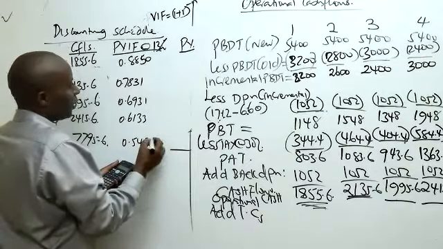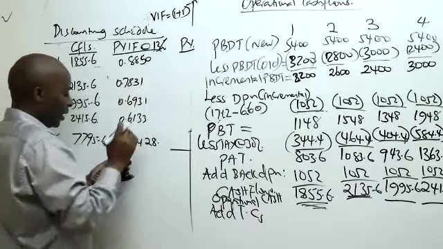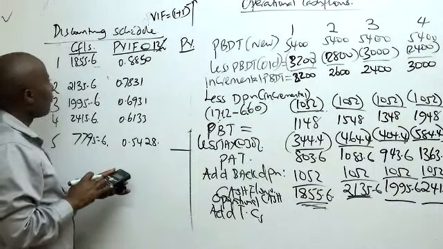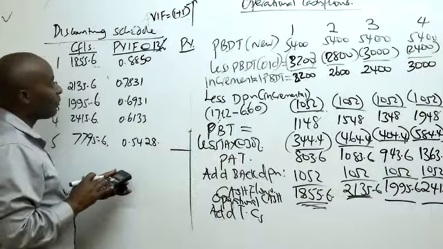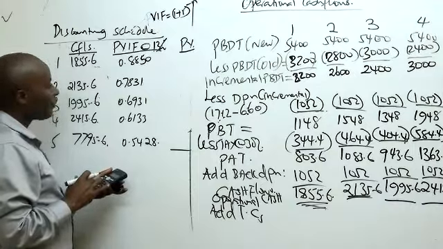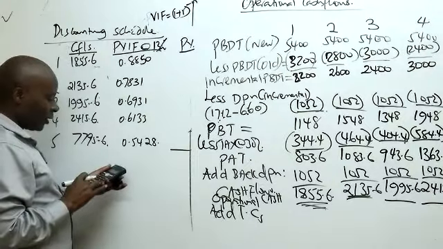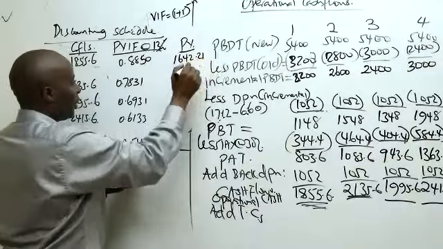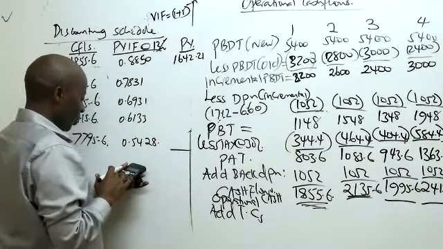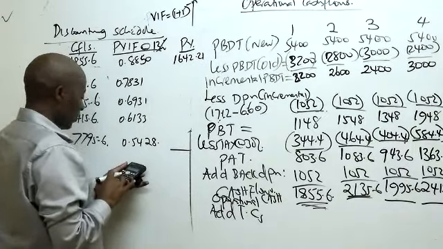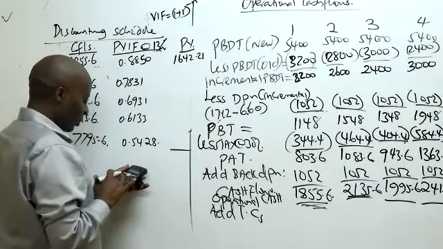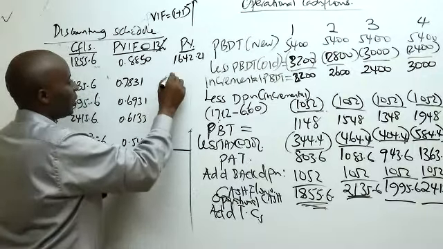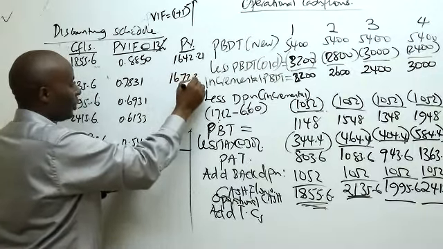So now multiply this very fast. The first one, 1855.6 times 0.885, gives us 1642.21. We have 2135.6 times 0.7831, which gives us 1672.39.